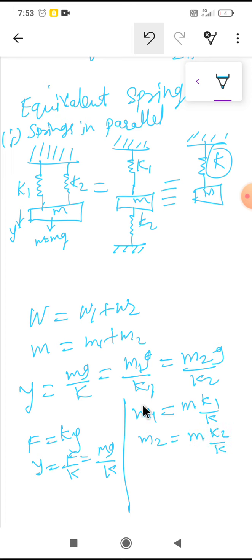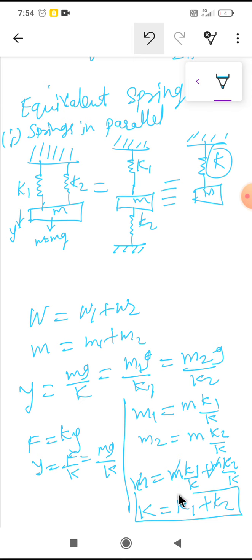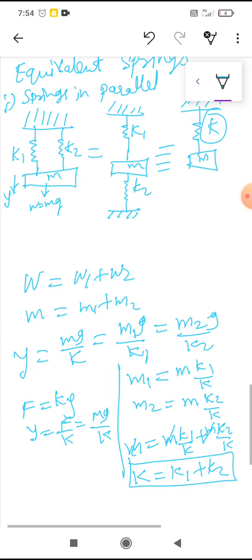If we use m1 and m2 in the formula m is equal to m1 plus m2, as we know, I can write m k1 upon k plus m k2 upon k. So m gets cancelled. We are left with, if I take this k on the left side, k is equal to k1 plus k2. So when the springs are in parallel, the stiffness just gets added.